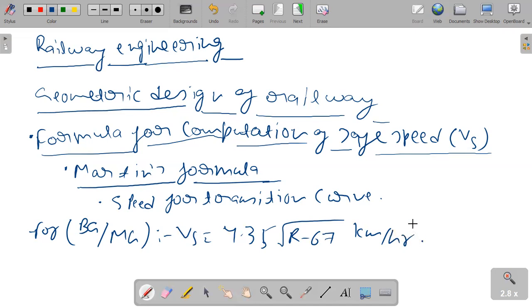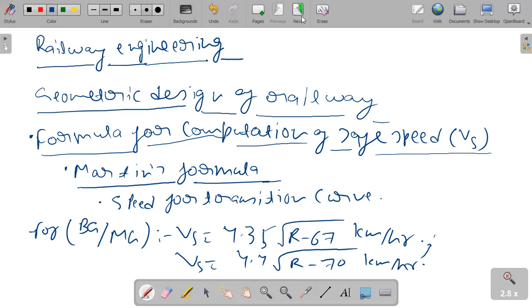For narrow gauge, this speed is modified: safe speed is 3.65 under root R minus 6 kilometer per hour. For meter gauge, Vs is equal to 4.4 under root R minus 70 kilometer per hour.